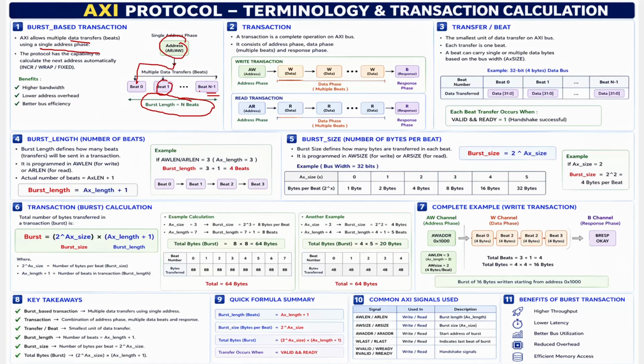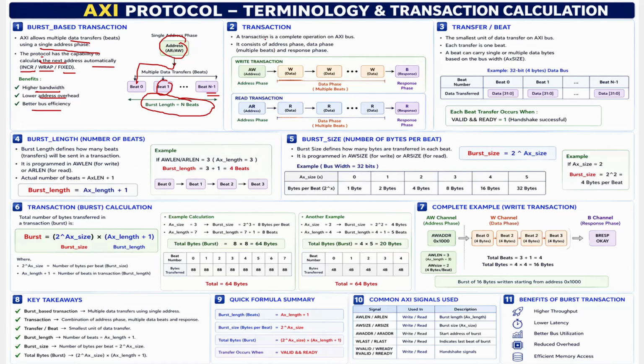So we need to transfer n number of transfers, and the protocol is also capable of calculating the next address automatically based on increment, wrapping, and fixed burst types. So the benefits are higher bandwidth, lower address overhead, and better bus efficiency, because whenever the bus is idle, it will be occupied with data transactions.